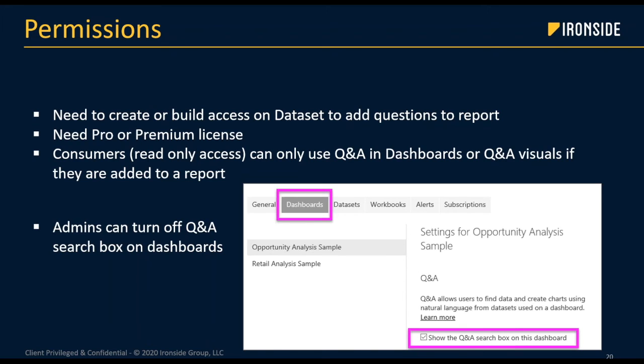Okay, so it's important to understand, if it doesn't exist now, then nobody can. A general user that just consumes, or a read-only user, will have to have a visual built for them. They're not going to be able to do it on their own without actually having those permissions or that visual added to a report. And again, just like any other report, you're going to need to be a Pro or a Premium user.